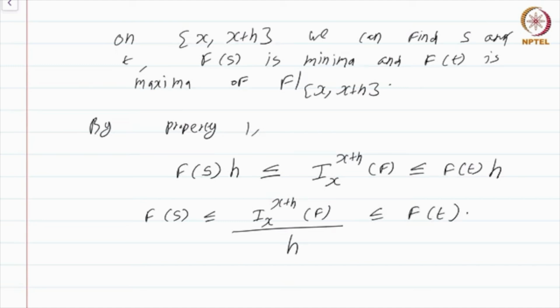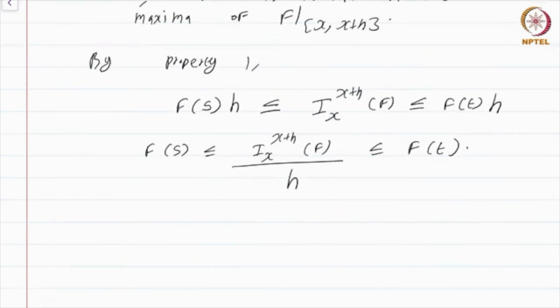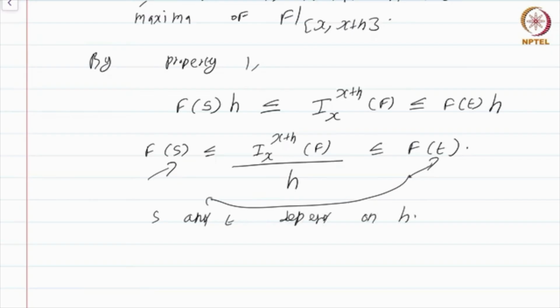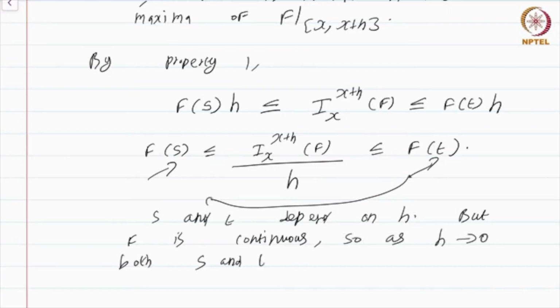Now, note that you might be deceived into thinking that this s and t are constant, but technically s and t depend on h. But f is continuous. So, as h goes to 0, both s and t converge to the point x.